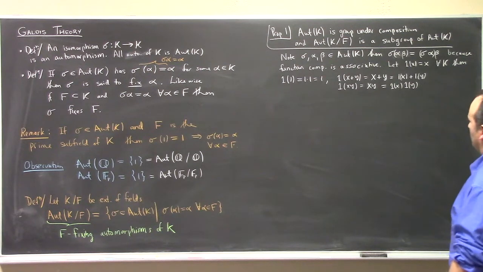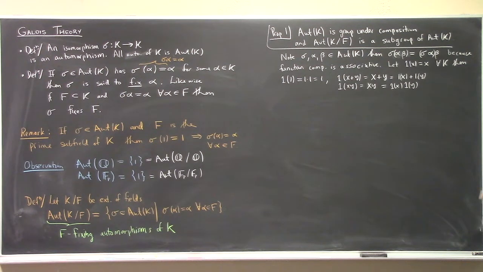So to show it's a group, we need to show it has an associative operation with identity. The identity is the identity map, which I'm calling 1.